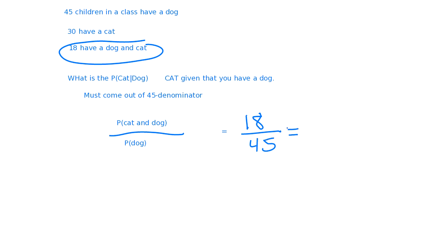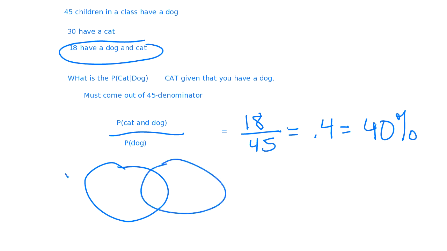Again, a lot of the problem is in rounding. This is 0.4, and that's 40%. You didn't have to round on this one. So if you draw a picture, this is the dog, this is the cat, what number is going to go in the middle?